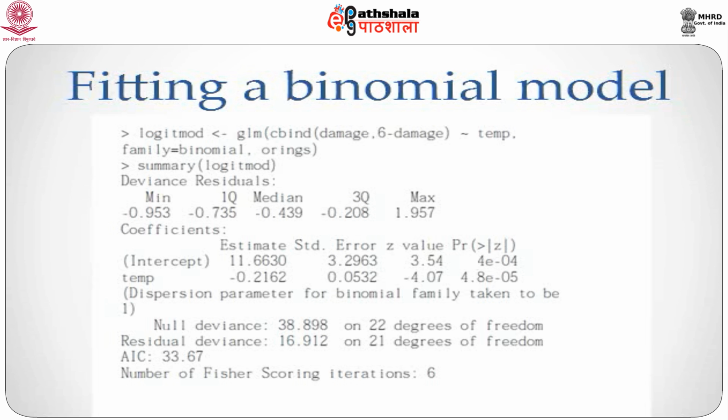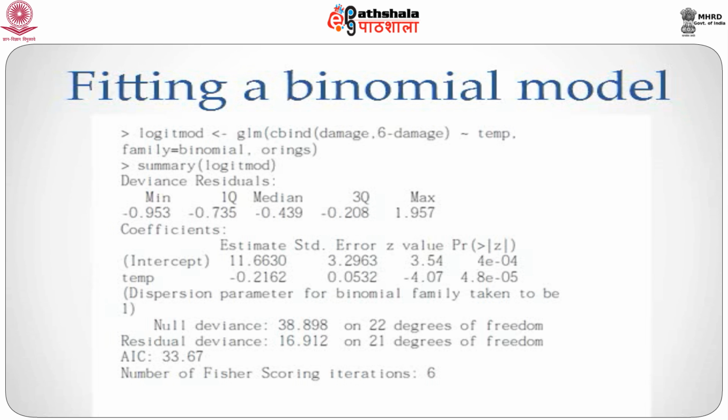If you look at the output, then at first it returns the deviance residuals. Next, it gives the coefficients of the regression. So these are the coefficients which have been included in the linear predictor.